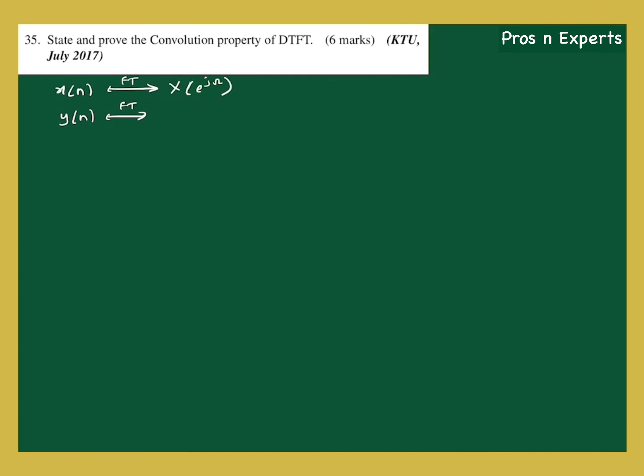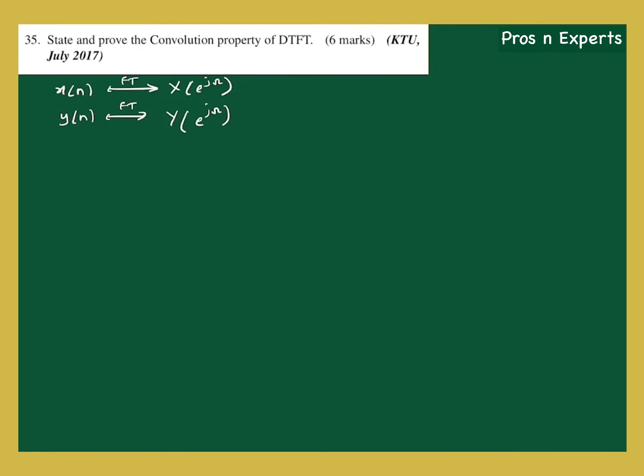This is a standard notation for DTFT. Y of e raised to j omega. Although putting small letter omega is not wrong, the standard notation is actually capital omega. So x of n and y of n are two discrete time aperiodic signals with DTFT x of e raised to j omega and y of e raised to j omega respectively.